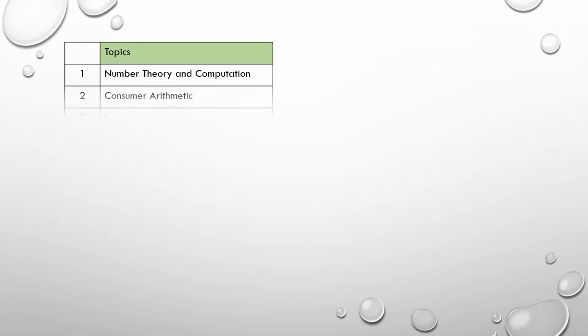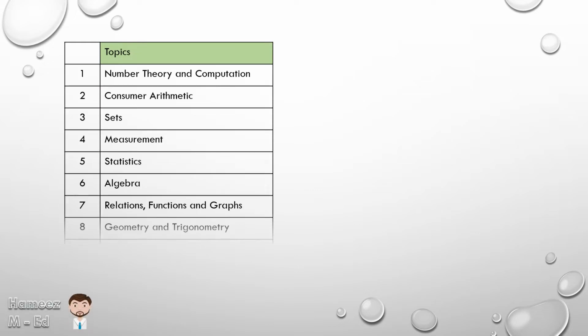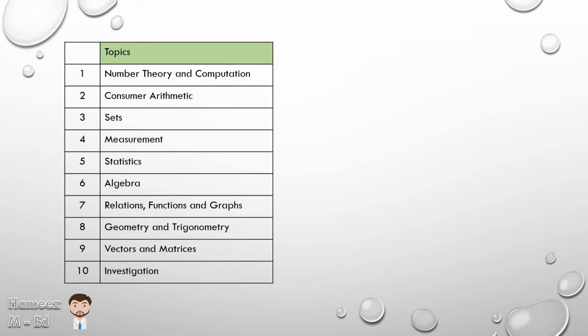Let's take a look at the list of topics for CSEC Mathematics, and we can see there are 10 of them. This video deals with the 9th one, vectors and matrices. Those two topics combine for 4 past paper questions in the multiple choice, so 4 marks in paper 1 out of 60. And the last question that appears in paper 2, which is worth 12 marks out of the 100.